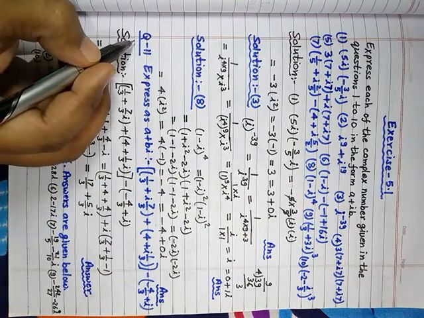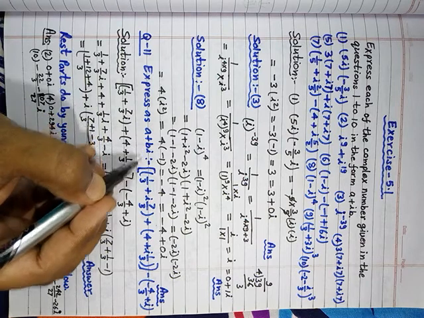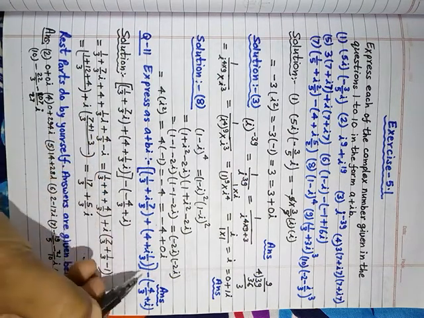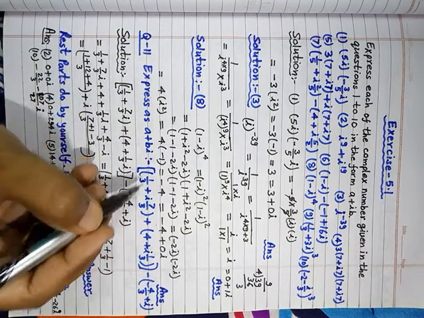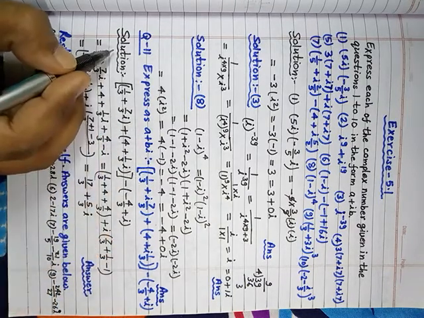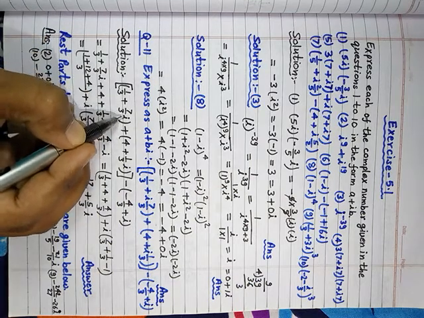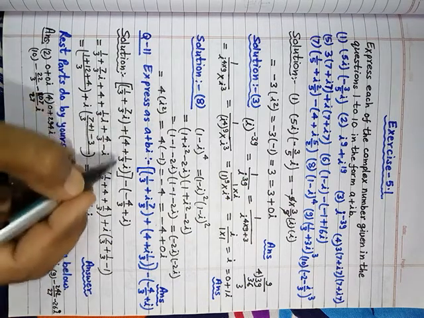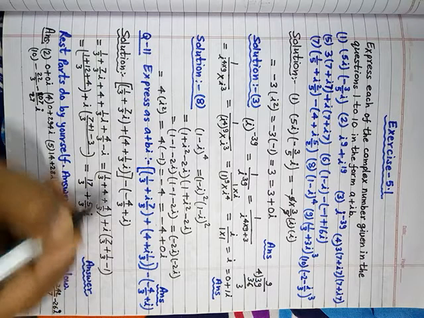And now question 11: express in the form a plus bi. This complex expression you have to express in a plus bi format. Solution: (1 by 3 plus 7 by 3 i) plus (4 plus 1 by 3 i), close the bracket, minus (4 upon 3 plus i).